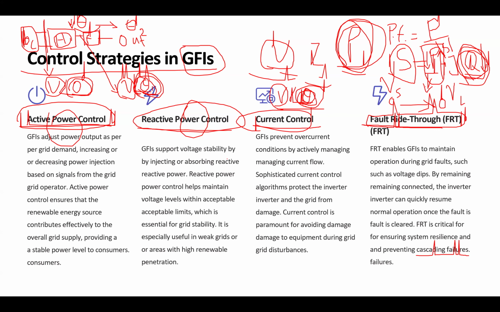Now, if we do that, every time a fault happens we cease the power and get out of the grid. If that policy was there, then every time a fault happened we would lose tons of our sources because they are disconnecting from the grid, and that means we are overloading our whole grid.